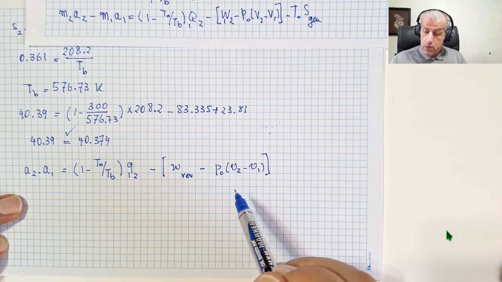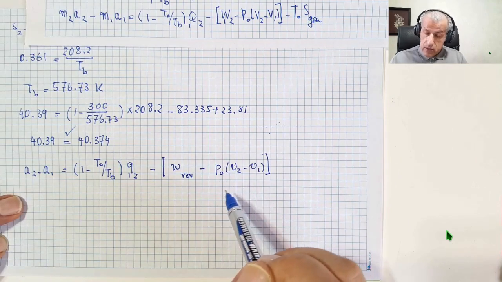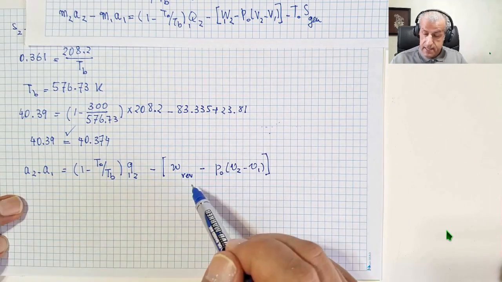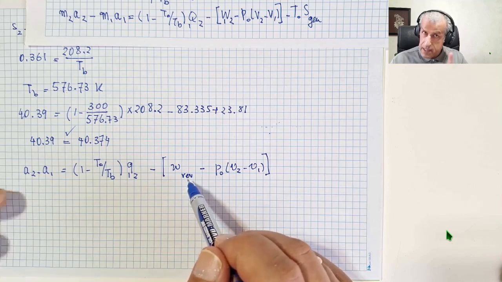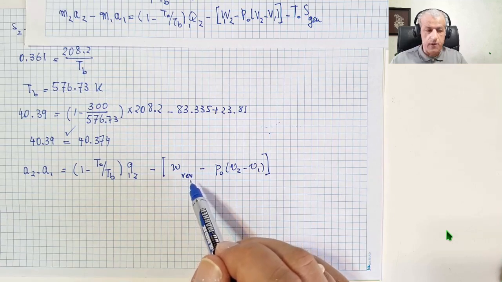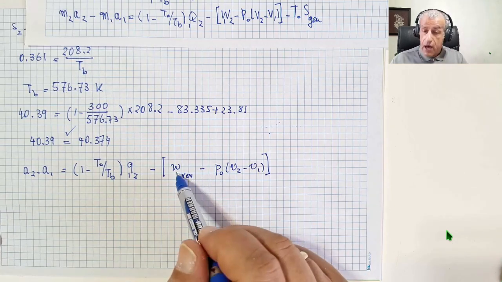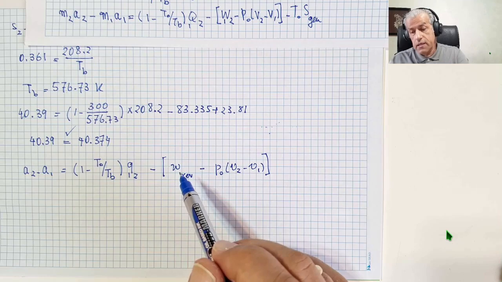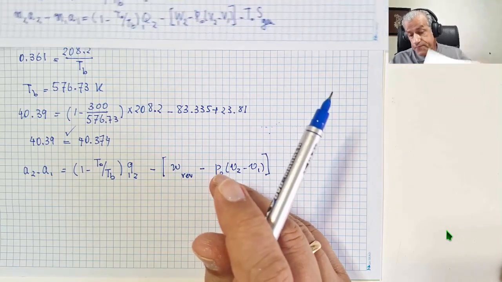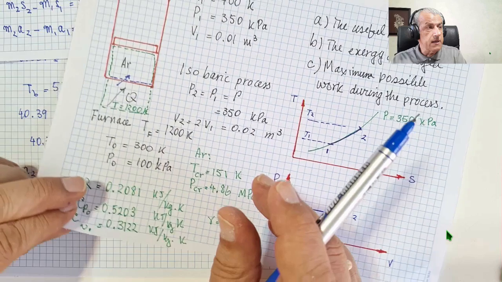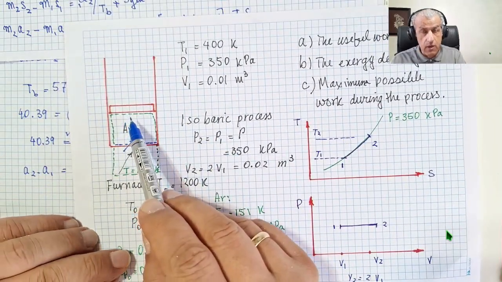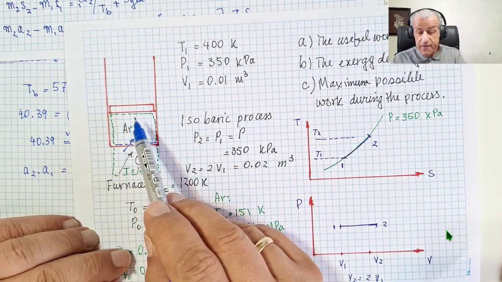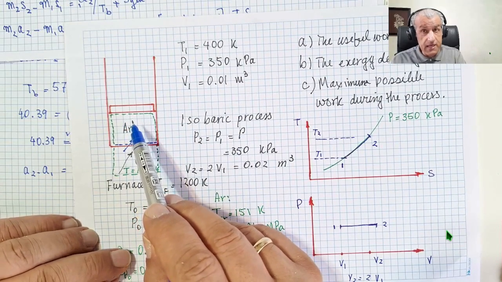Now, calculating this in our equation has a little trick to be careful about, and that is that our work is a cylinder piston work, a moving boundary work, and in itself it has P times V2 minus V1.